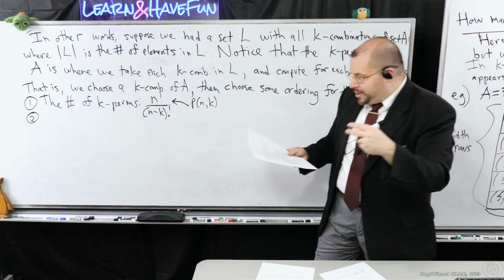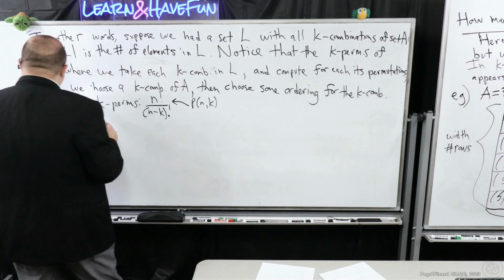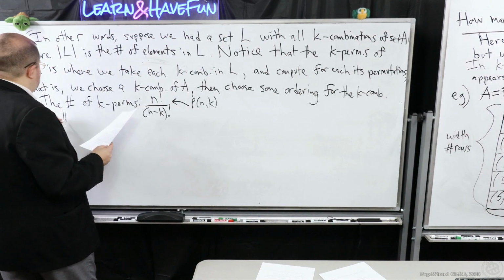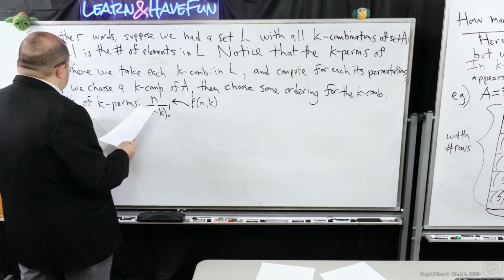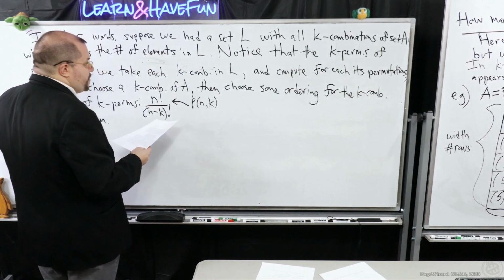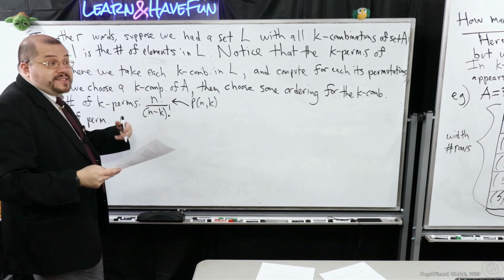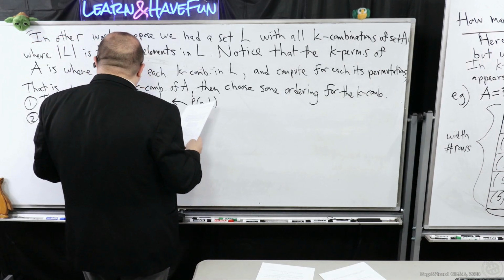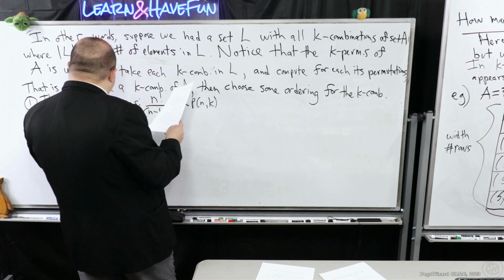Just k factorial, right? Because remember, when I pick a k combination, that's just some set. I want to know the number of permutations of k elements.